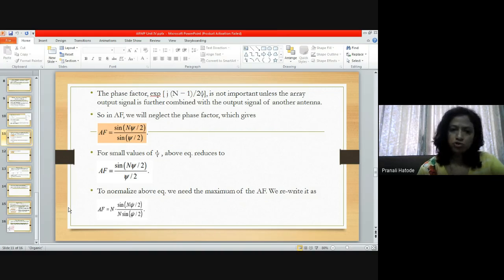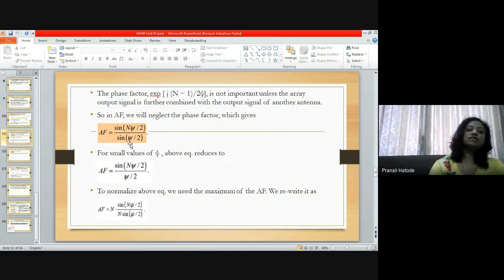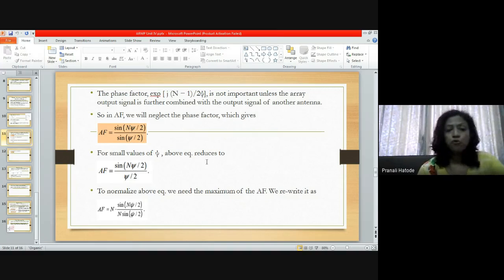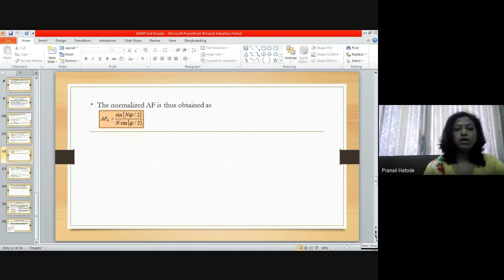So the new array factor equation comes out to be AF equals sine of n psi by 2 upon sine of psi by 2. For small values of psi, AF comes out to be this, and the normalized value of the array factor is given by this equation. To normalize means to divide and multiply by n, the number of elements in the array. So this is the final normalized array factor equation.